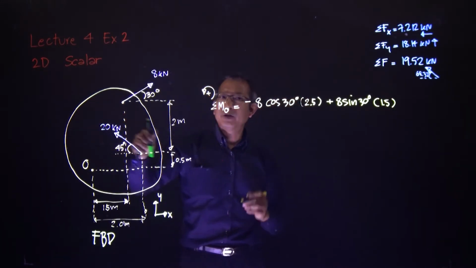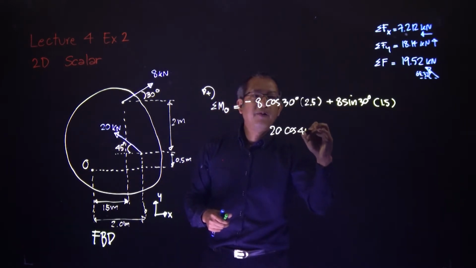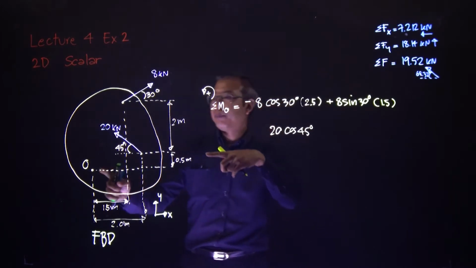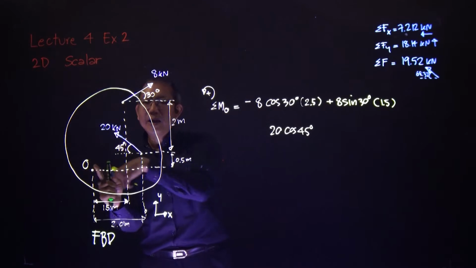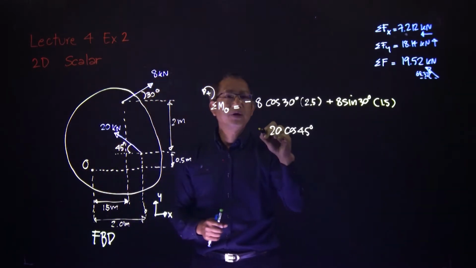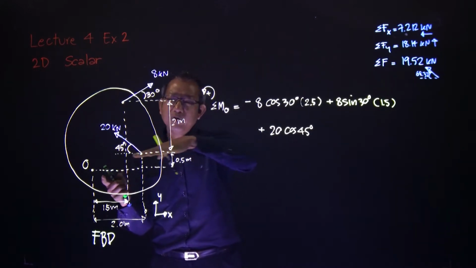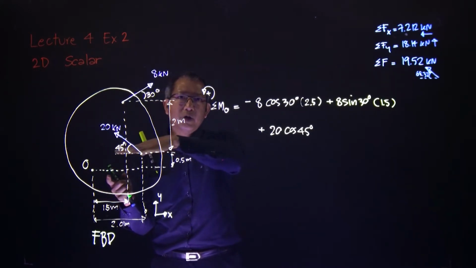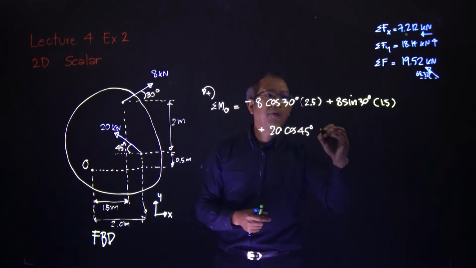In the x direction, it is 20 cosine 45 degrees. It pushes that way, so about point O it rotates anti-clockwise, therefore it's positive. The 20 cosine, which is the x direction, is horizontal, so the distance is vertical, therefore it is 0.5.